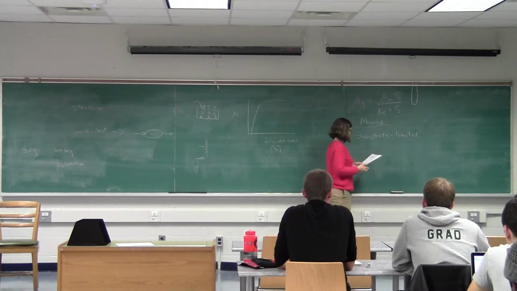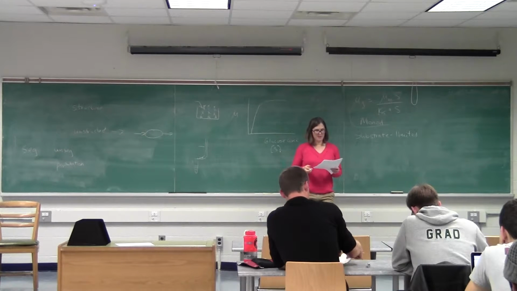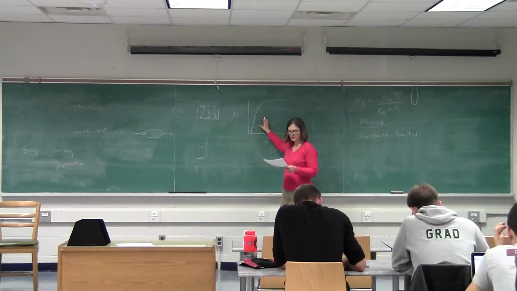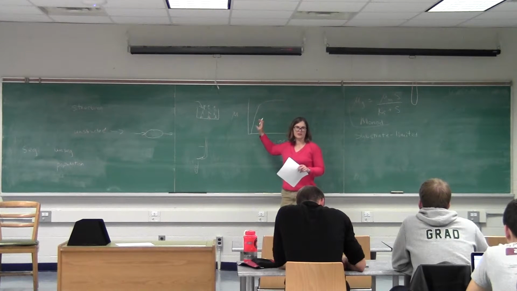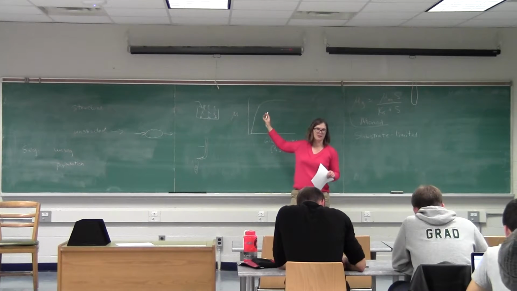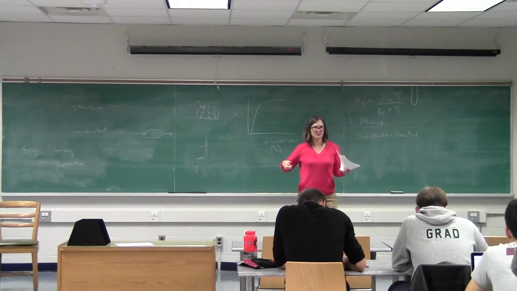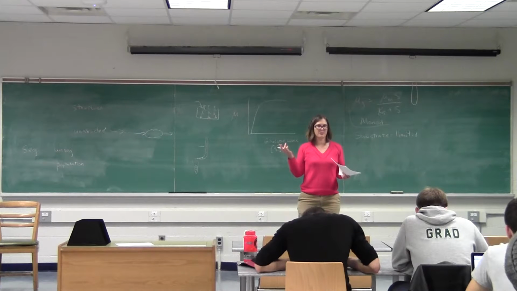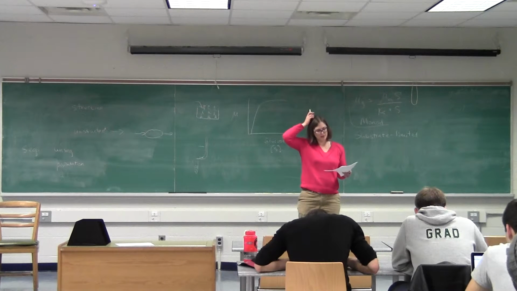Okay. So if you have relatively slow growth and a relatively low population density where the cells aren't particularly interfering with each other, Monod kinetics is pretty good. So slow growth, low population, Monod is pretty good.